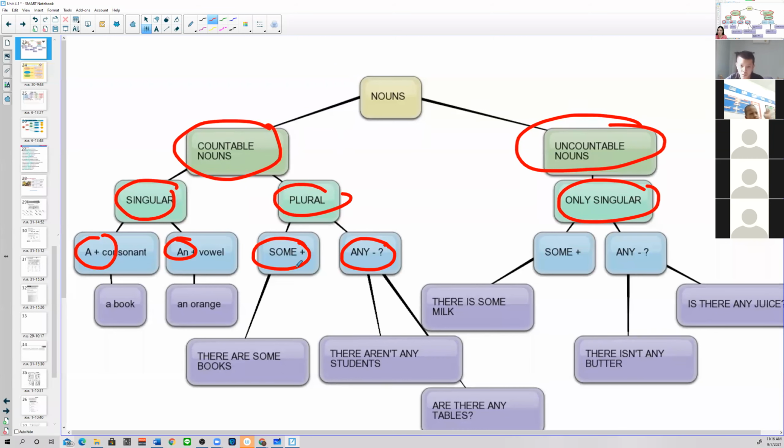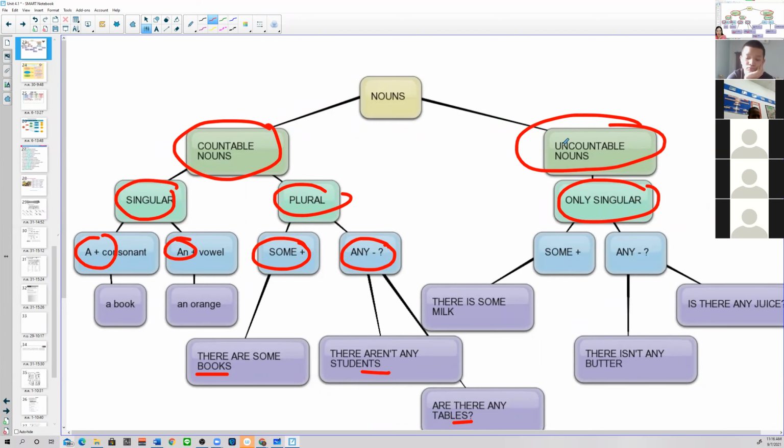The difference between some and any is that some is used with affirmative sentences. For example, there are some books, right? More than one. So in affirmative form, you have to use some. However, any is used with negative form and questions. For example, there aren't any students. Are there any tables? They're all plural, which is countable.